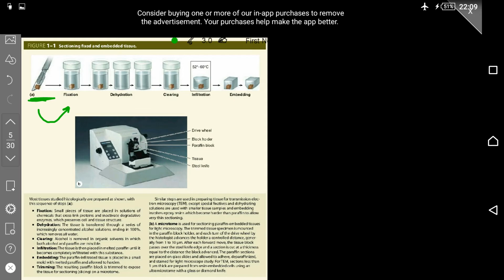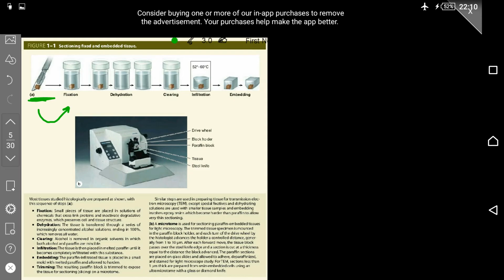The cut tissue is put in solutions called fixatives. These fixatives are solutions that inhibit the degenerative enzymes in the tissue so that the tissue doesn't become degenerated by its own enzymes, and autolysis and things like that don't happen, and the tissue remains exactly as it has been in the body.